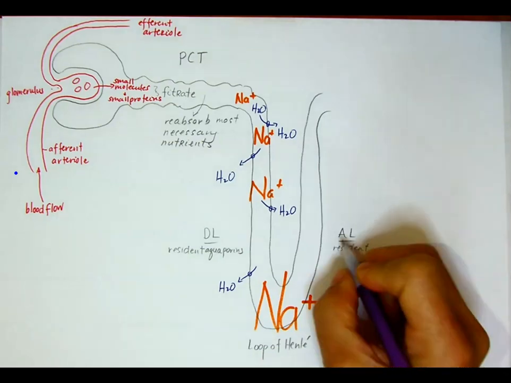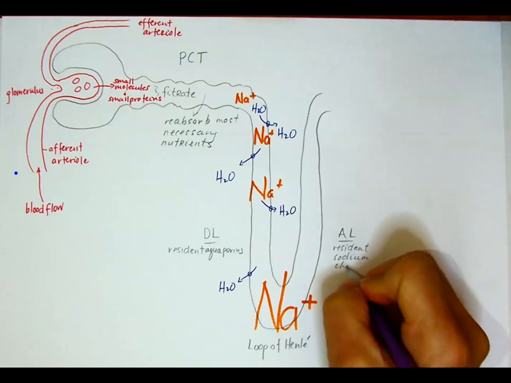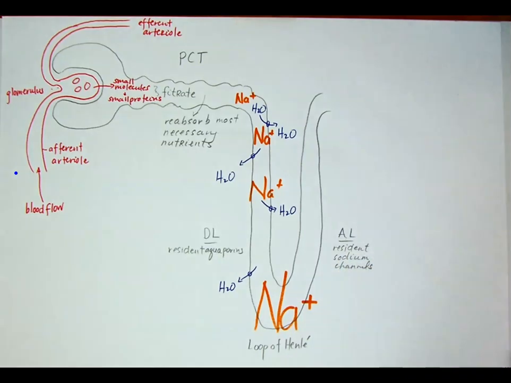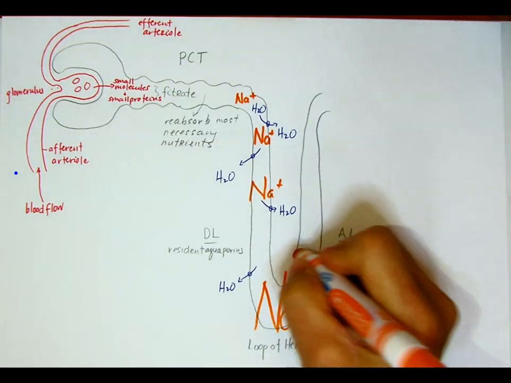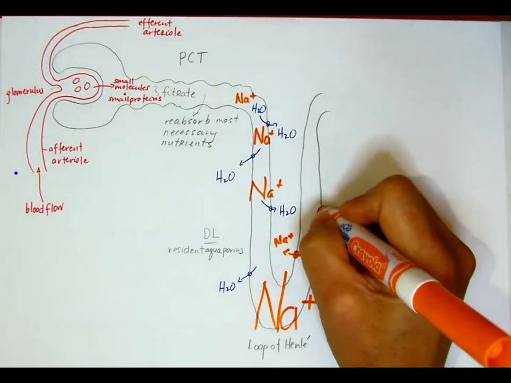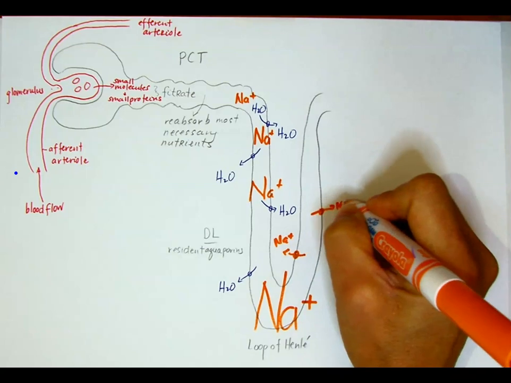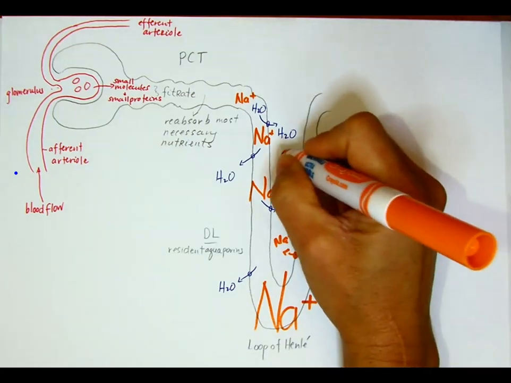That's going to allow me to have sodium exiting, to the point where when I get to the top of the ascending loop, sodium concentrations have gone back to what they were originally before the loop.